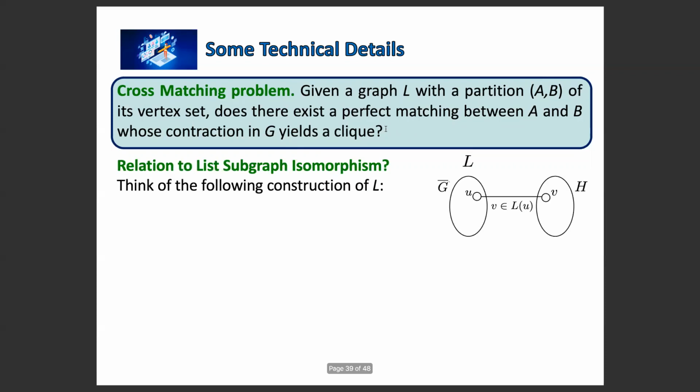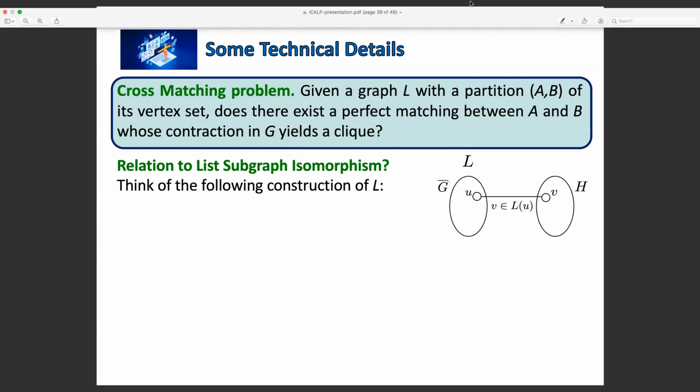So we want to contract edges that go across A and B. Let's see what is the relation between this problem and the list subgraph isomorphism problem that we have just discussed. To see this relation, think about the following construction of L. Suppose we were given an instance of list subgraph isomorphism, and now we will construct the graph L as follows.